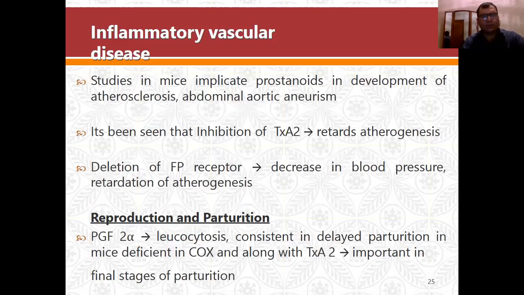Inflammatory vascular disease studied in mice implicates prostaglandin in developmental atherosclerosis and abdominal aortic aneurysm. It has been seen that inhibition of thromboxane A2 retards atherogenesis. Deletion of the TP receptor decreases blood pressure and retards atherogenesis.